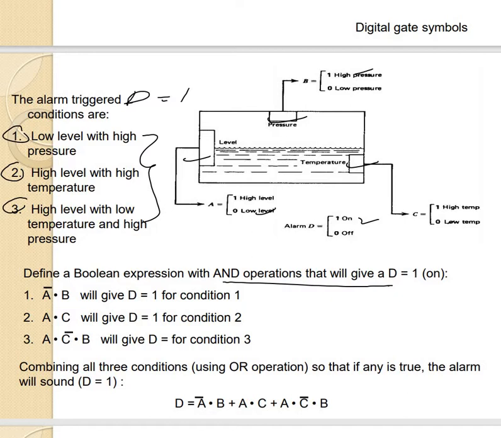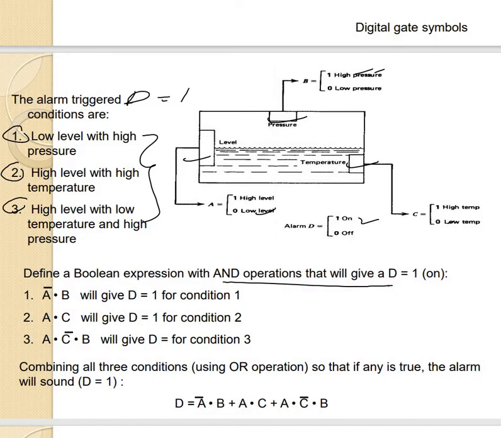So for condition 1, for the alarm to be triggered, that means D equal to 1. To get D equal to 1, first we need to fulfill low level with high pressure. So low level is 0 here, with high pressure, high pressure is 1.